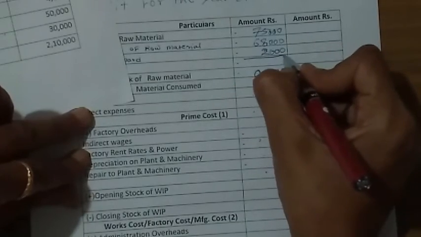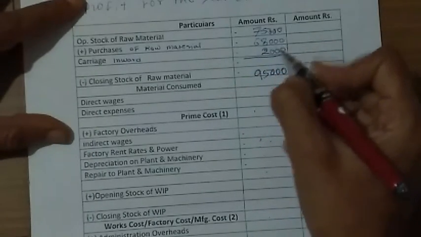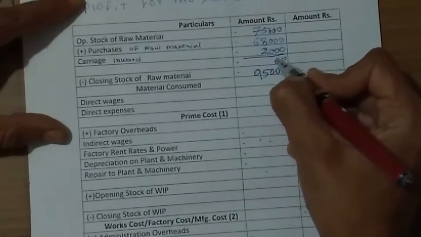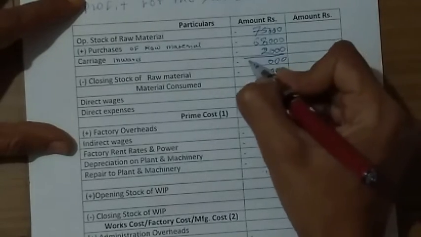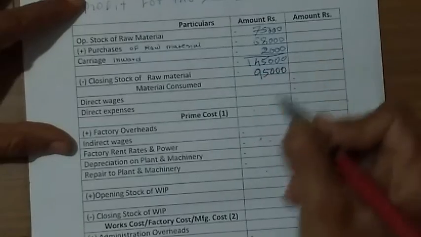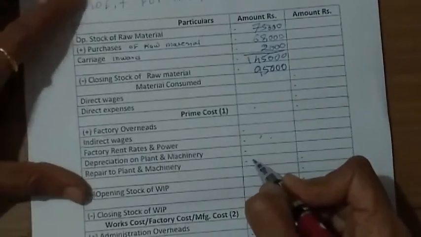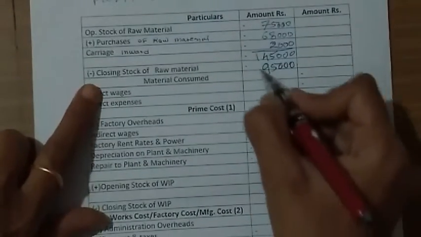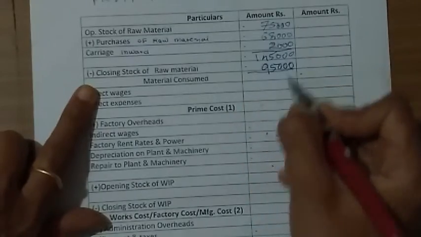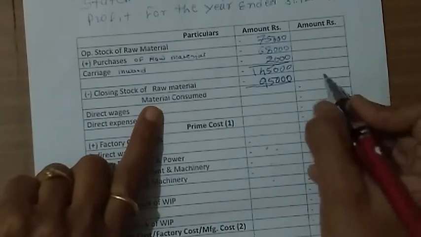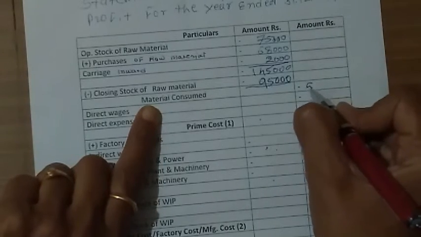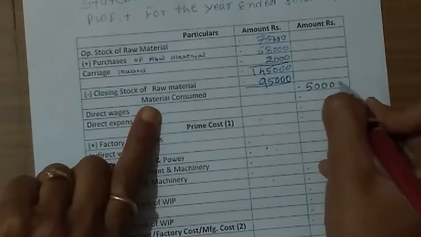Get the total $1,45,000 and subtract closing stock from this. We get material consumed. This amount is 50,000.